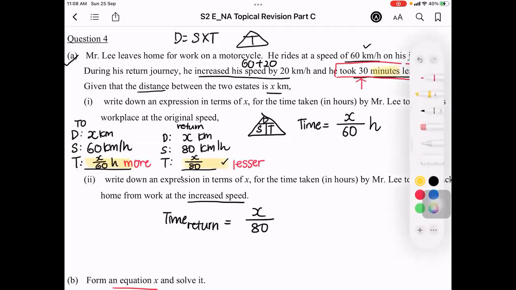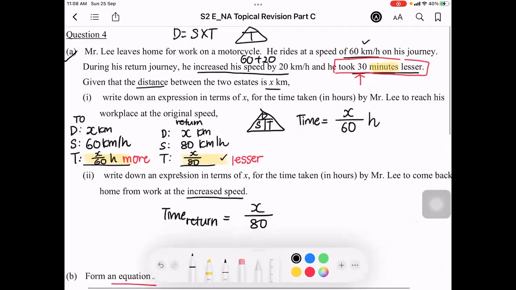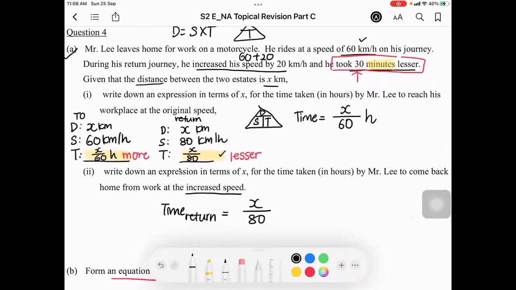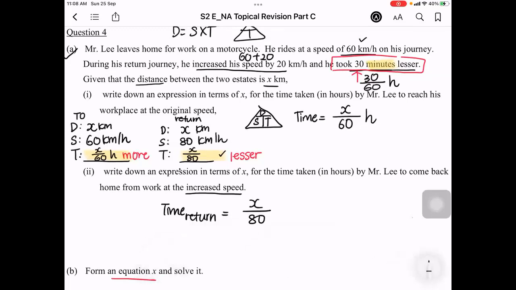Let's look at the unit. All the units here are in hours. So I will change this 30 minutes to 30 over 60 of an hour. They say 30 minutes lesser. I want to form an equation, so I must have something equal to a number.